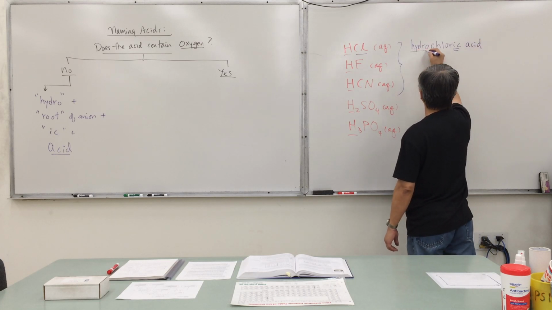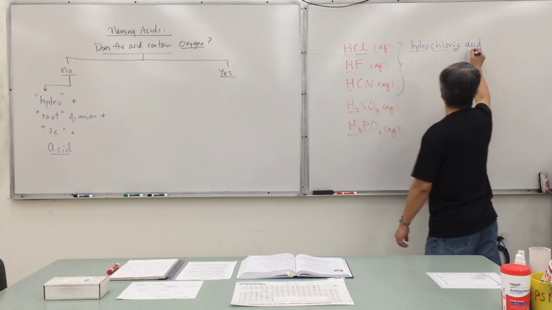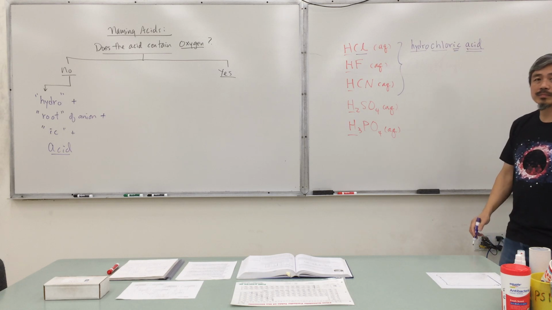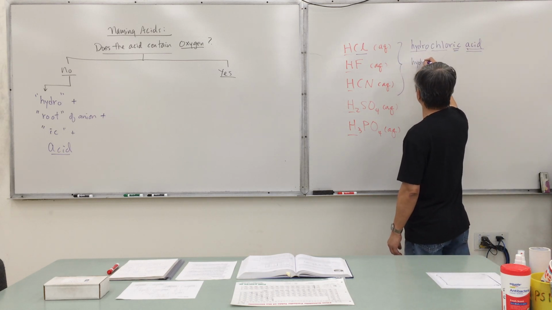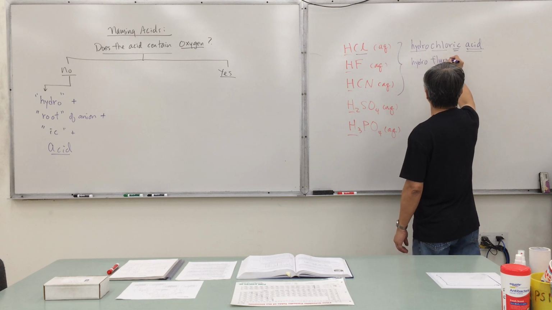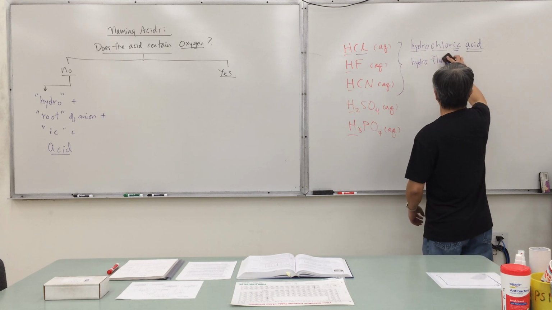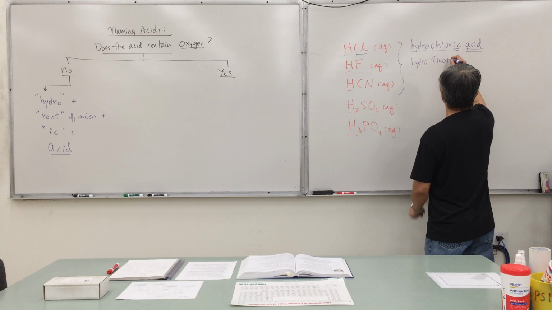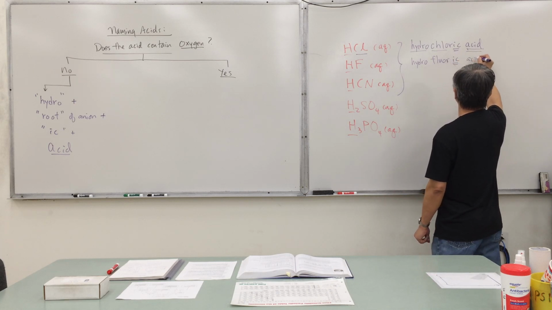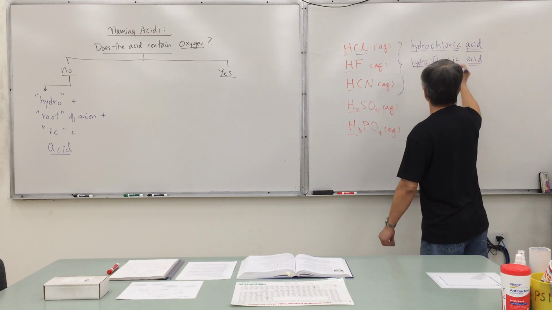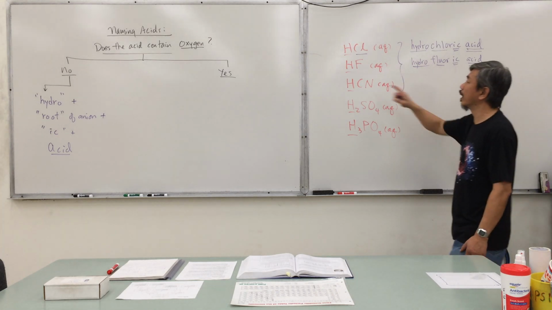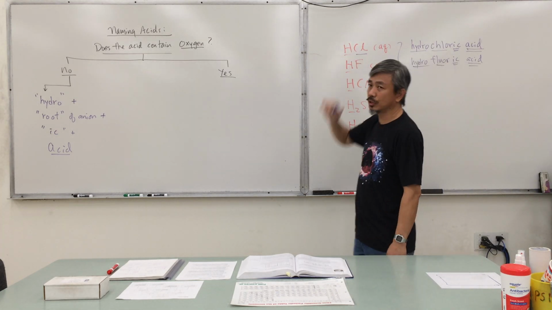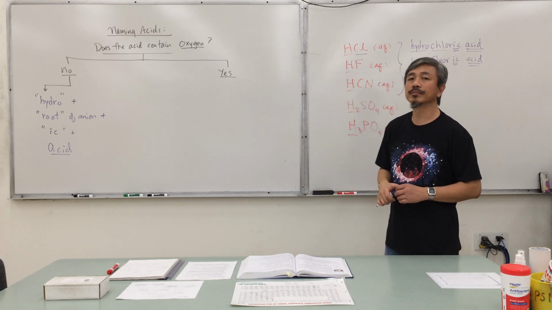So here's hydrochloric acid. That's the combination. So same thing over here now. This would then be hydrofluoric acid. Hydrofluoric acid. So the hydro is only used when there is no oxygen in your acid itself.